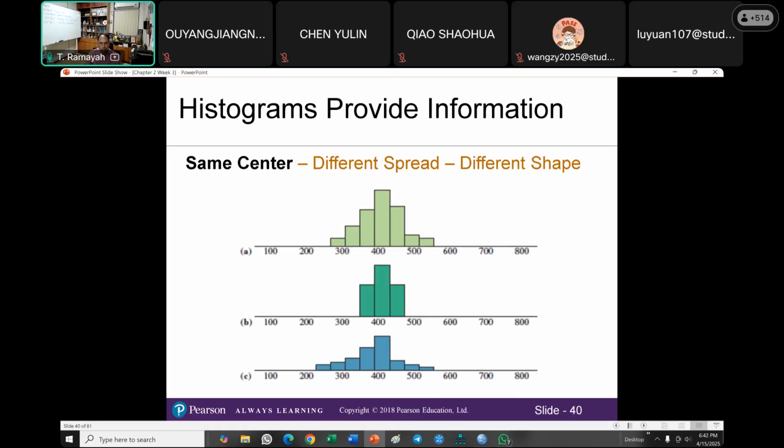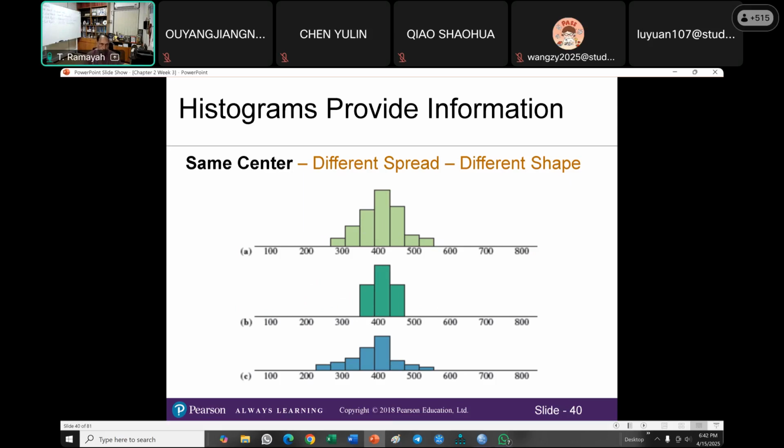Here we have all three distributions, which are histograms. They have the same center, right? They have the same center, but this distribution and this distribution are very different. Your distribution can be peaked, can be flat. That is what we call the shape.